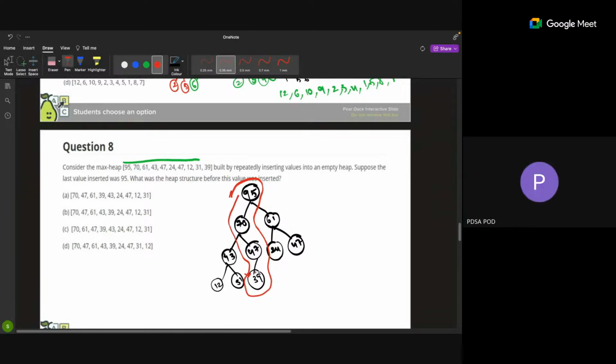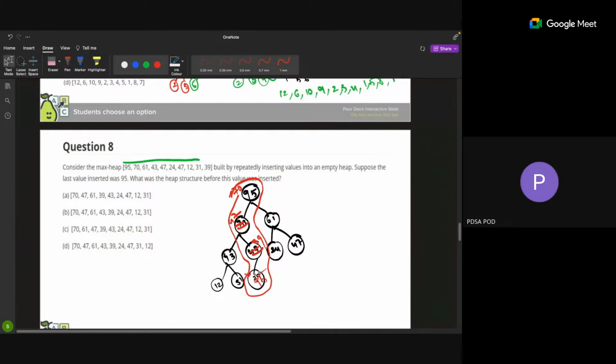Yes, sir, the last element 95 might be inserted here. In that time heapify worked. So before heapify it looks like this: 95 will come here, so 70 will come here, 95 will come here. So 95 again swapped with 47. Maybe here it is 70, here it is 47, here it is 39, here it is 95.